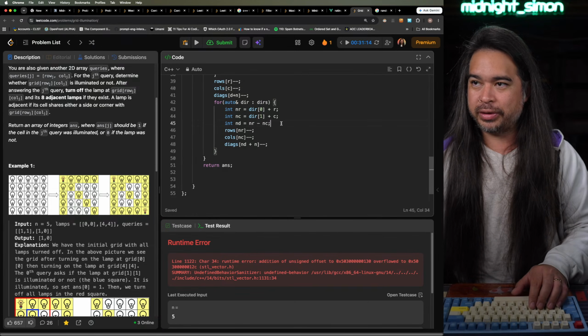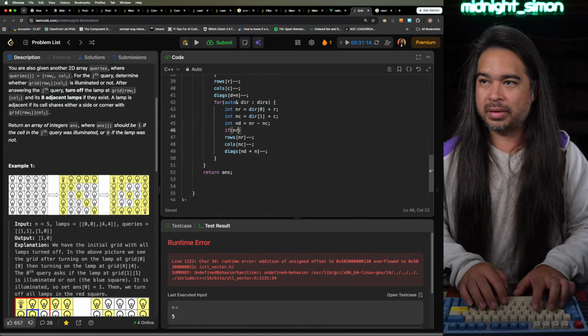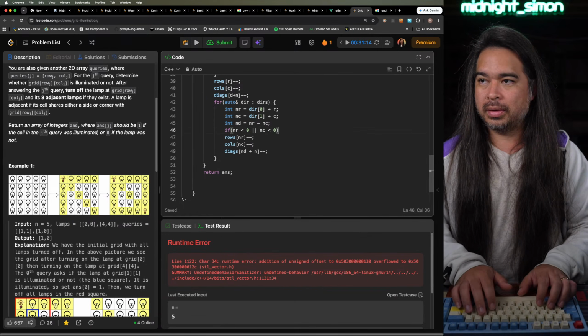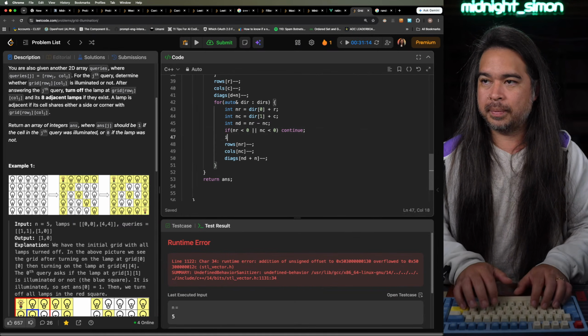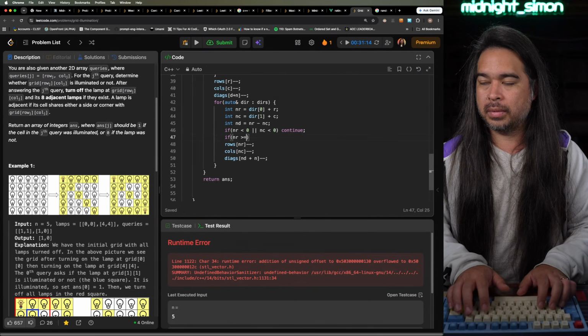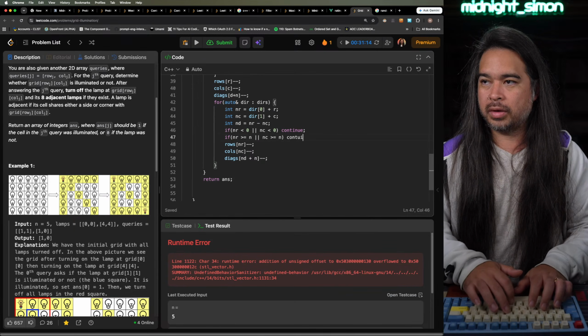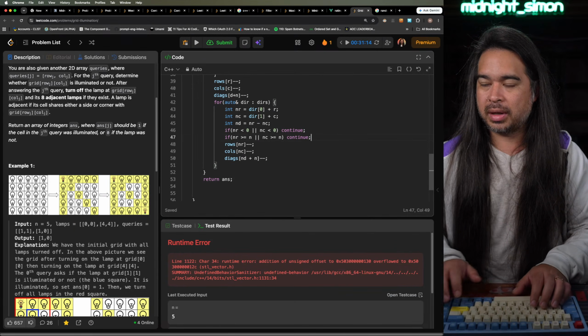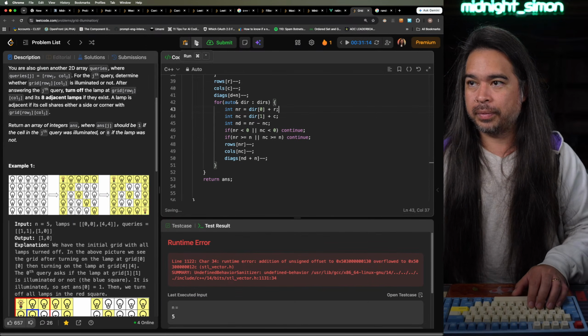We're overflowing right here. Out of bounds, I think. So if it's less than 0, we're out of bounds, and if it's greater than or equal to n, we're out of bounds as well.